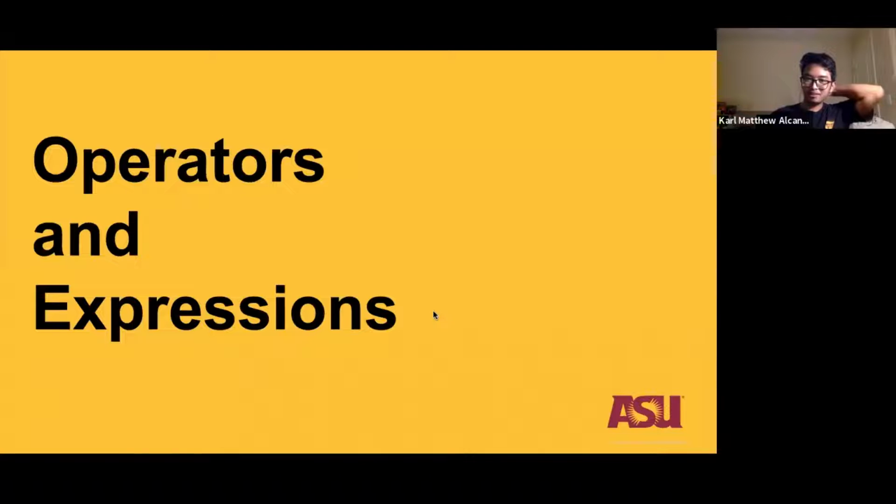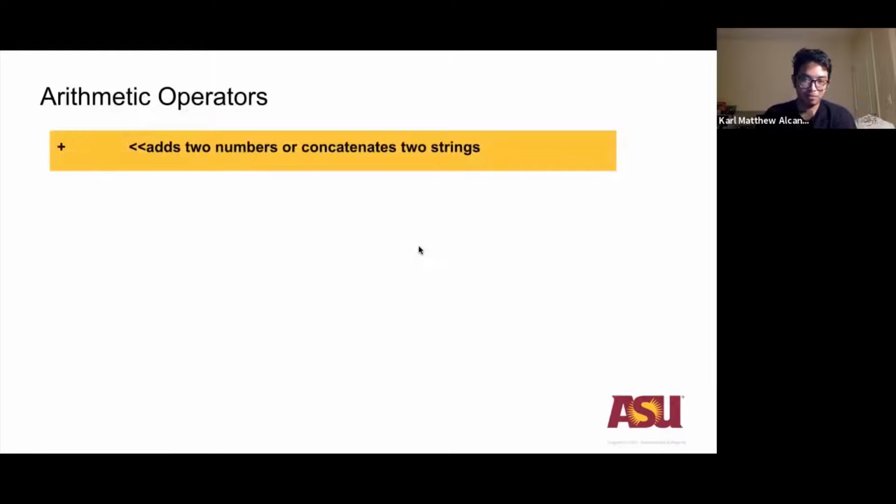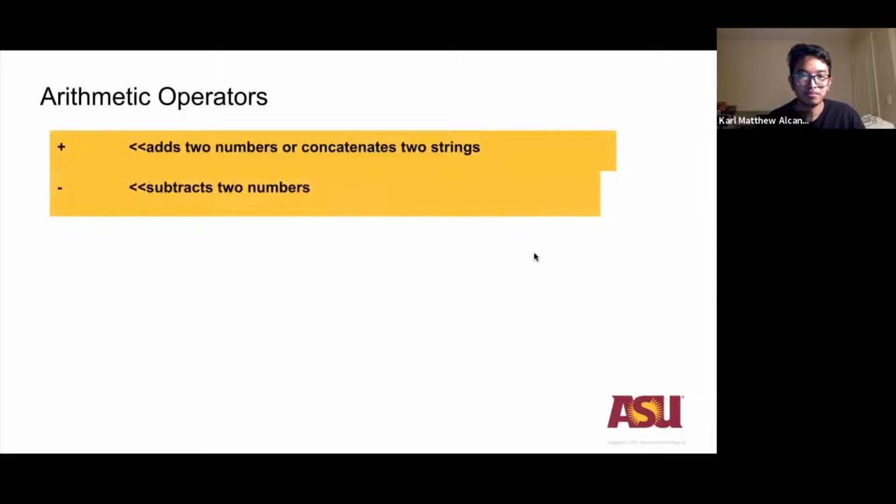All right, next we have operators and expressions. So arithmetic operators. The plus adds two numbers together, and it can also be used to concatenate two strings. The minus sign subtracts two numbers.